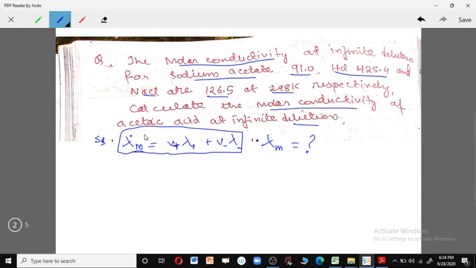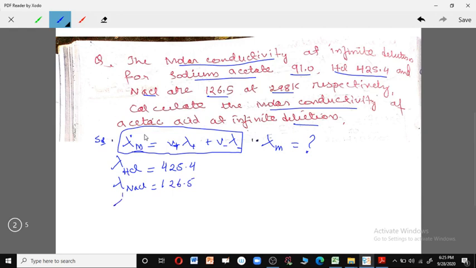You have HCl, sodium acetate and sodium chloride. Lambda HCl is 425.4. Lambda sodium chloride is 126.5.